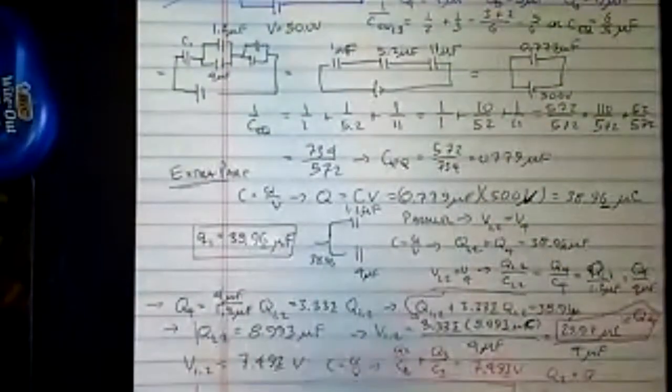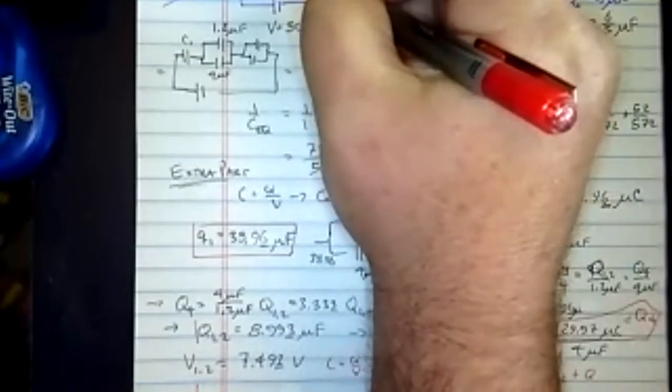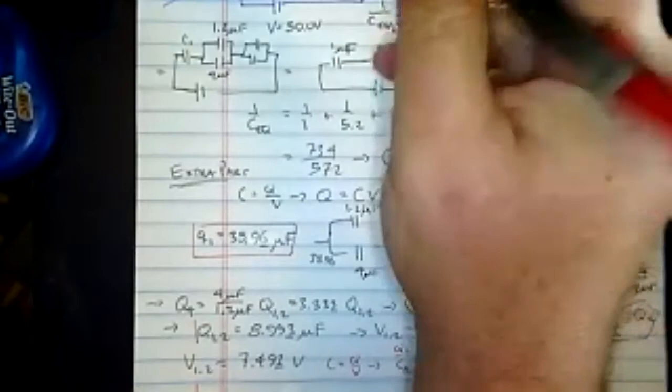Which, by the way, 11.04 only had one past a decimal place, so this one really has only one past a decimal place. So that should be just 3.55 volts, basically. So that's what the voltage is there.